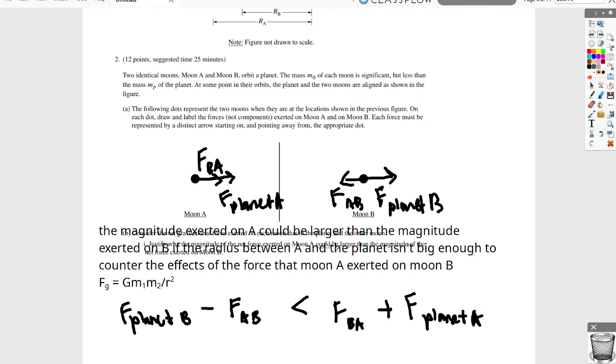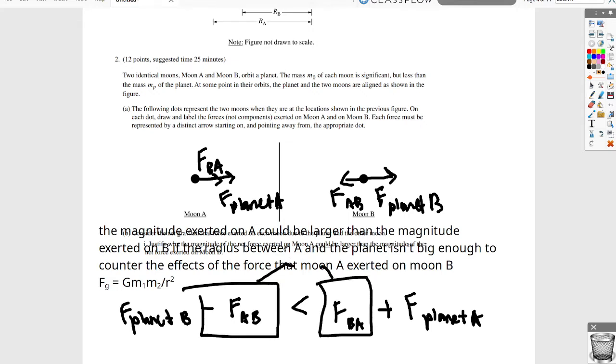And that can only happen if this radius factor is big enough, so that F of planet B becomes smaller. These two forces are the exact same, so you can't fix that. The only thing you can fix is these distances. If RA is large enough, then this force will be negligible, and then this force will be more than this force.